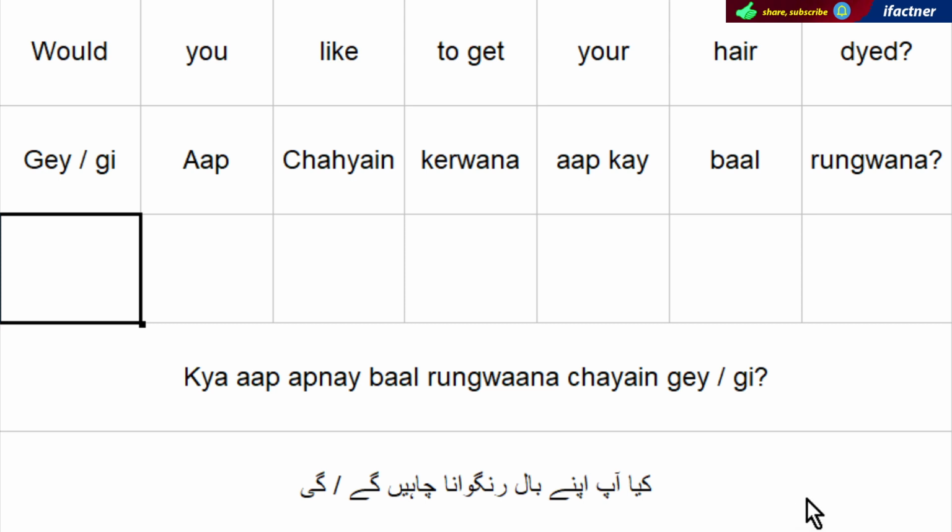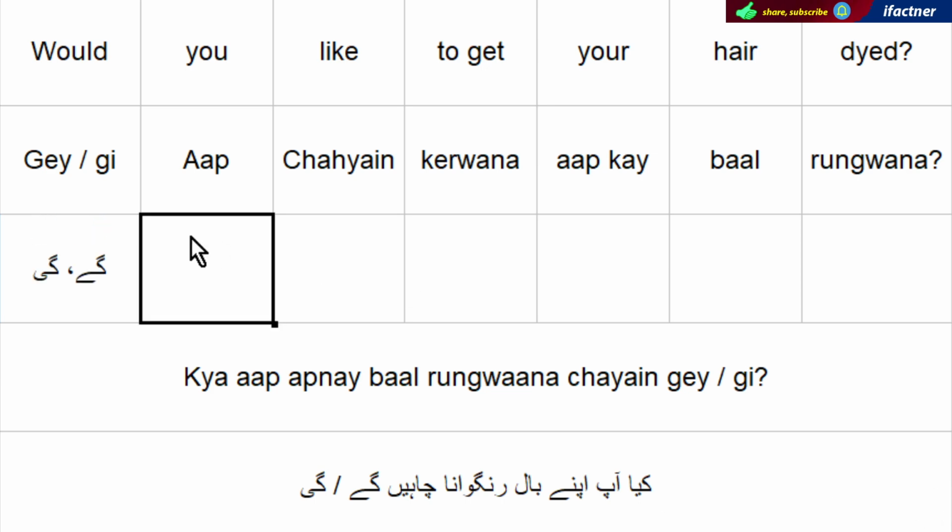We write gay as kaf badiye gay, and ghee can be spelled as gaf chotiye ghee. U is aap, and we typed it as alif mada pe sakin aap. Like is chahe, che, alif, he, ye, and nunna.